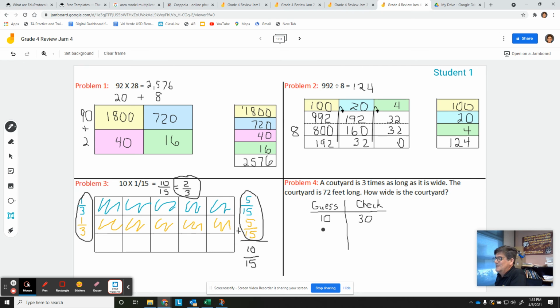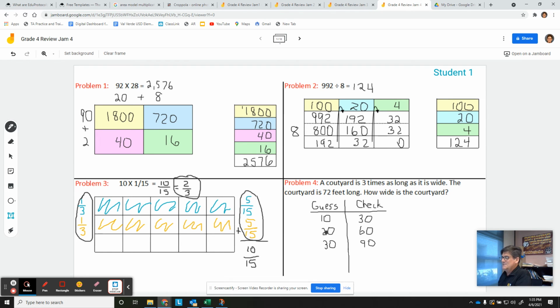Okay, so I'll guess 20 feet. That will make it 60. Okay, still not long enough. So I've made 2 guesses now, and I know that it has to be even longer than that. So I'll guess 30. 30 is 90. Now I'll say, oops, it's too long now, because remember, it's supposed to be 72 feet long.